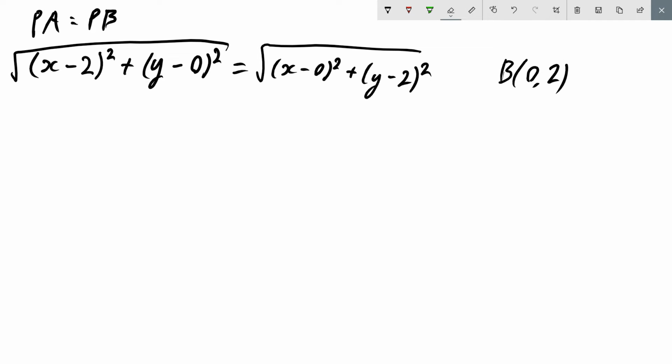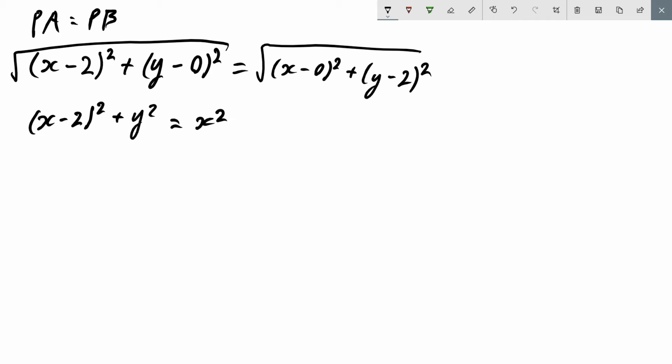Now we actually want to somehow manipulate this to get something that we are a little bit more familiar with. So let's square both sides so we get rid of the square root. So we now have x minus 2 squared plus, and then we can write just y squared is equal to x squared plus y minus 2 squared.